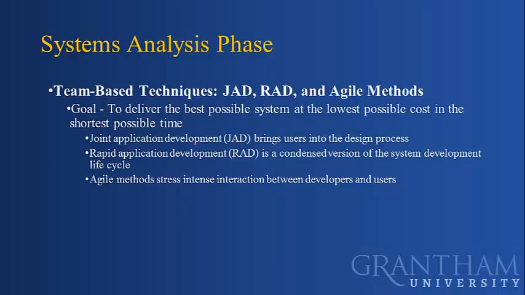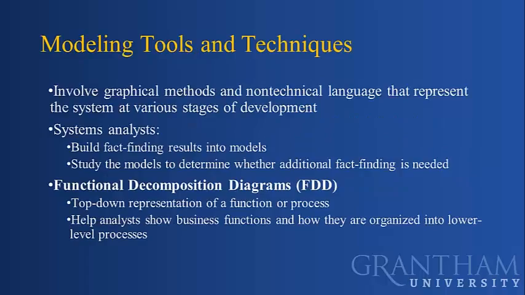Modeling tools and techniques also involve graphical methods and non-technical language that represent the system at various stages of development. Systems analysts build fact-finding results into models and study the models to determine whether additional fact-finding is needed.